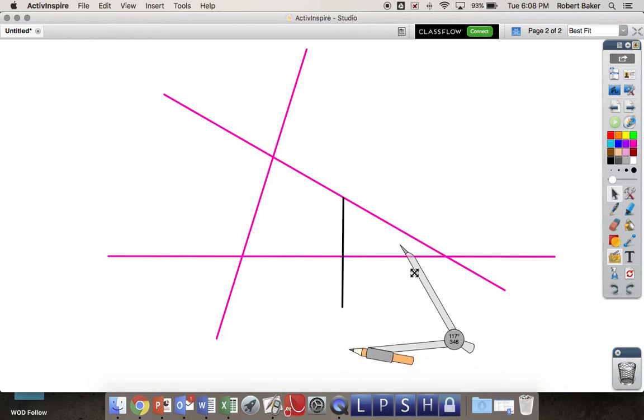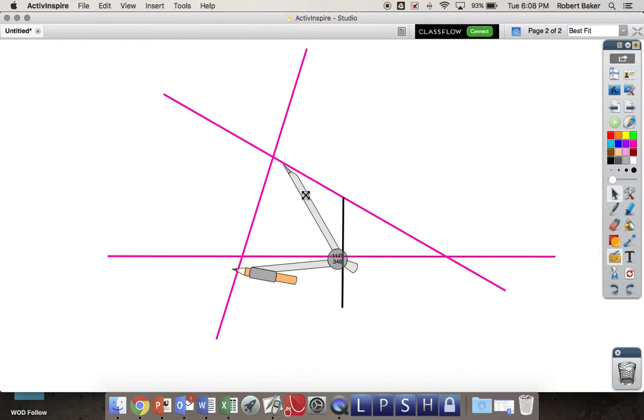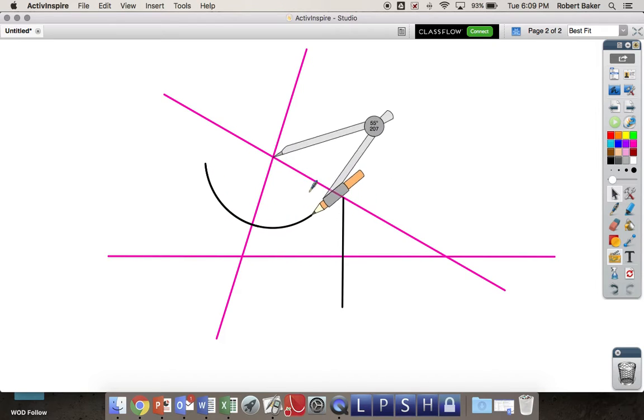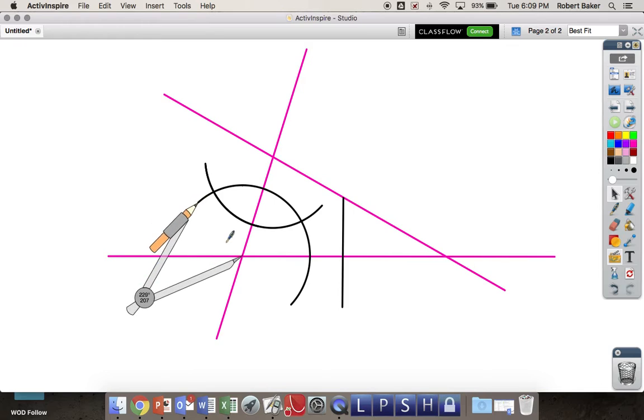So to move on through my project, I must do another perpendicular bisector of the other side. I need to make sure that my compass is on the vertex, the pivot point, and the pencil point is more than halfway across. Okay, I'm going to swing an arc down and swing an arc up. Without changing the radius of my compass, I will move to the other vertex that I'm trying to bisect, and I will swing an arc up and down.